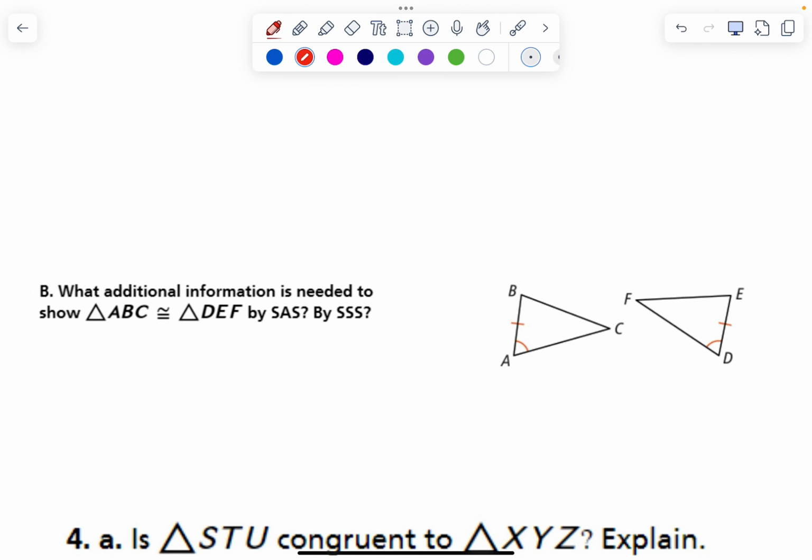These ones help you think a little deeper. What additional information is needed to show that these two triangles are congruent? We're going to do it two ways: by SAS and by side, side, side. Let's start with side, side, side. If I said write a proof and prove this by side, side, side, what would you need to know?